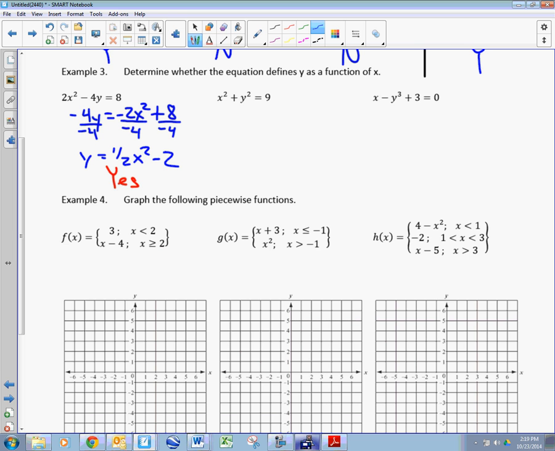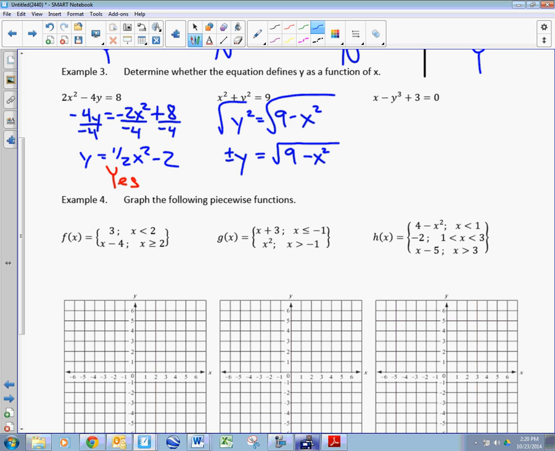Okay. So what we're going to look at here is if we solve for y, we get y squared is equal to 9 minus x squared. When you square root both sides, when you square root a variable, how many solutions do you come up with? 2. So we have a positive y and a negative y, and we have the square root of 9 minus x squared.